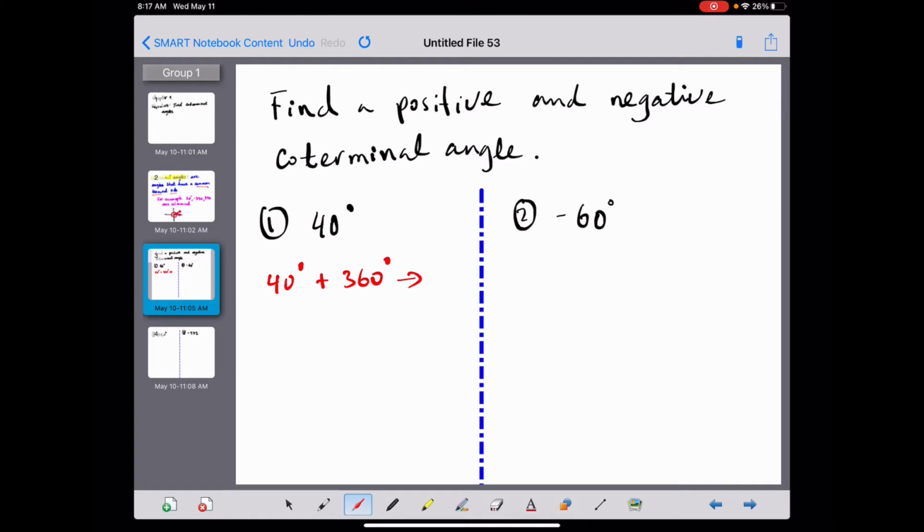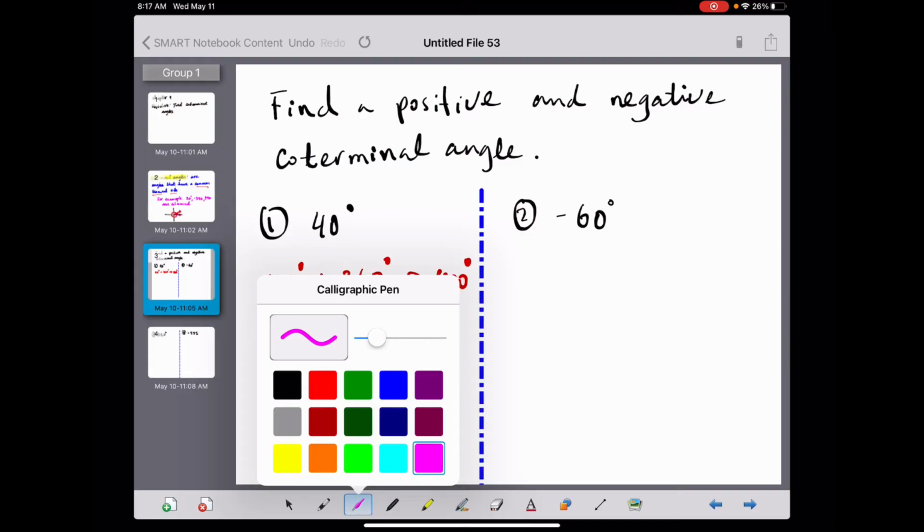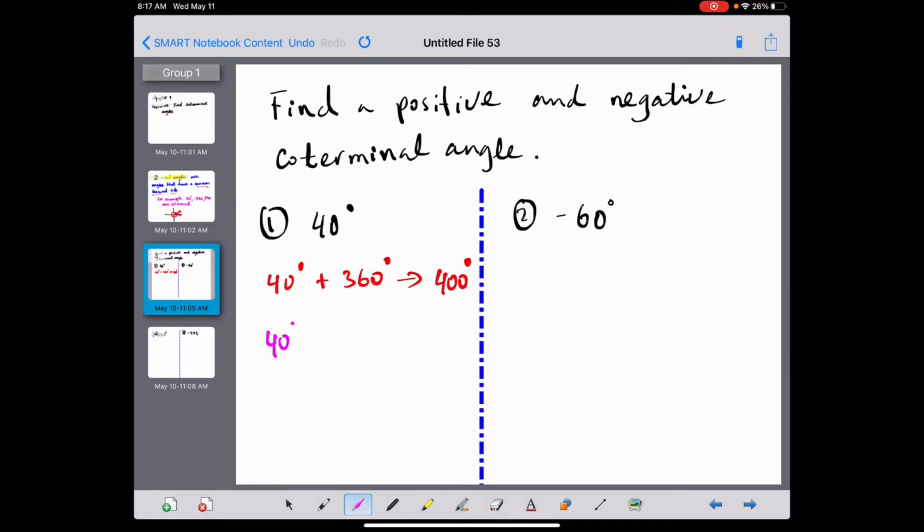That's going to give me 400 degrees, okay? And if I want to find the negative, I just go 40 degrees, subtract 360 degrees. And that's going to give me negative 320 degrees, okay?